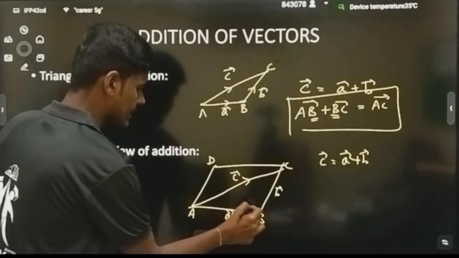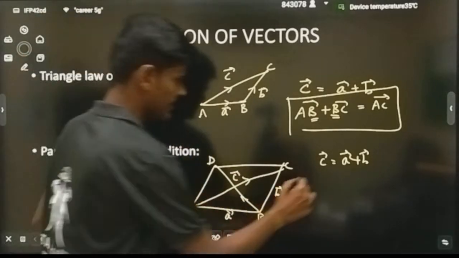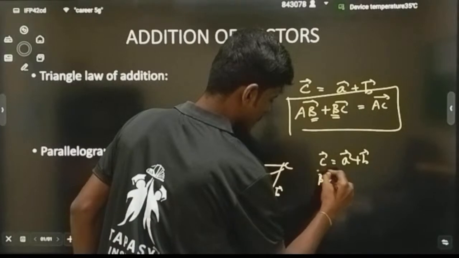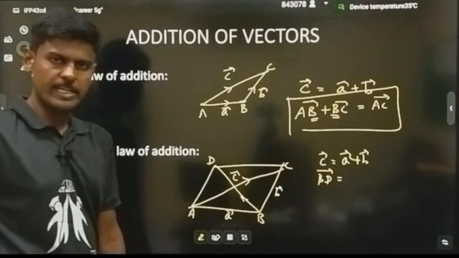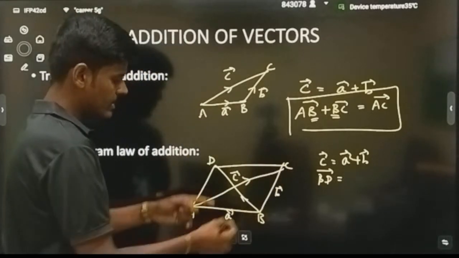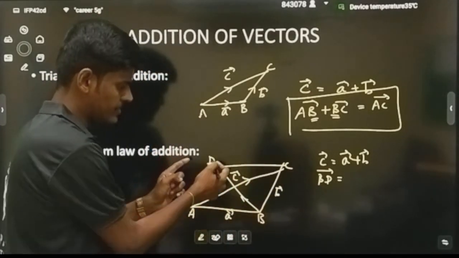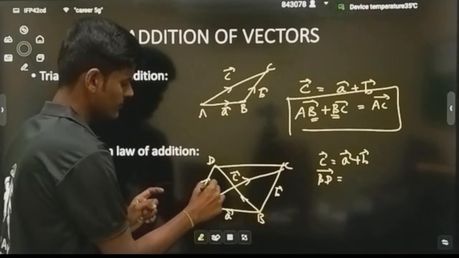Then what about the other diagonal? The other diagonal BD vector will be given by, now this vector is given by what? We just have to take the opposite direction of this and close this figure.